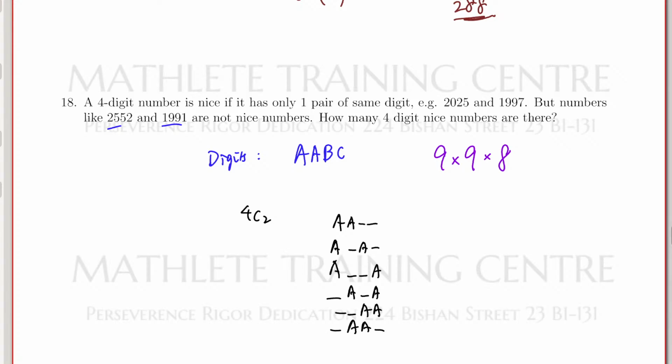So you have 6 different cases of the positions of A, and each one gives you 9 times 8 possibilities for your digits A, B, and C. So the final answer is 6 times 9 times 9 times 8. If you calculate it, you will get 3,888.